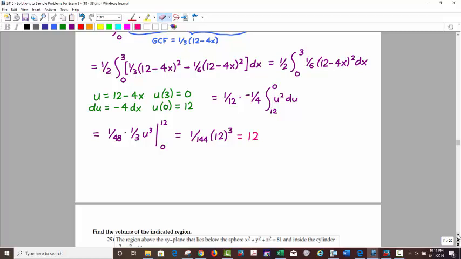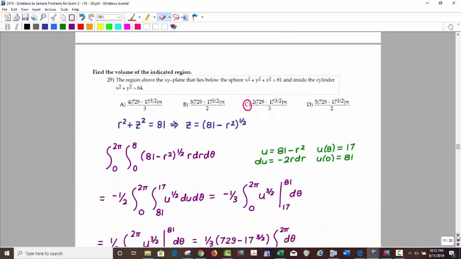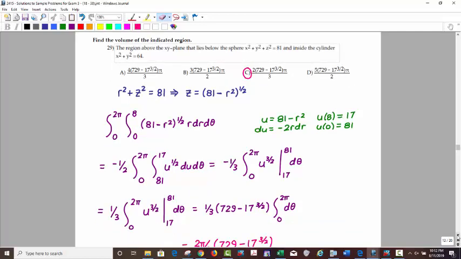All right, let's see what's next here. Number 29. Going to find the volume of a region inside a cylinder.